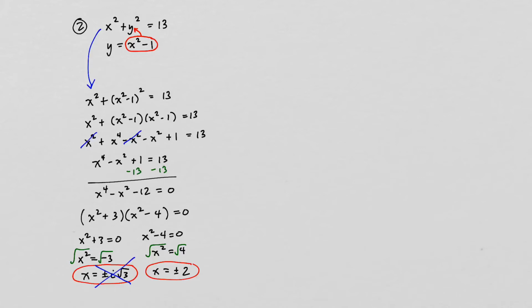So that means we actually only have two answers. We have x equals 2, or we have x equals negative 2. And we can find the corresponding y value by simply plugging those back into the original equation. And so y is equal to x squared minus 1.